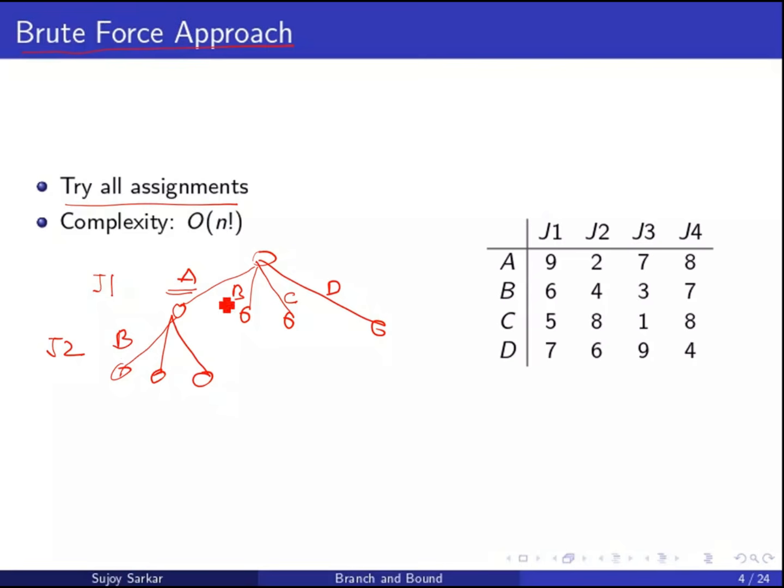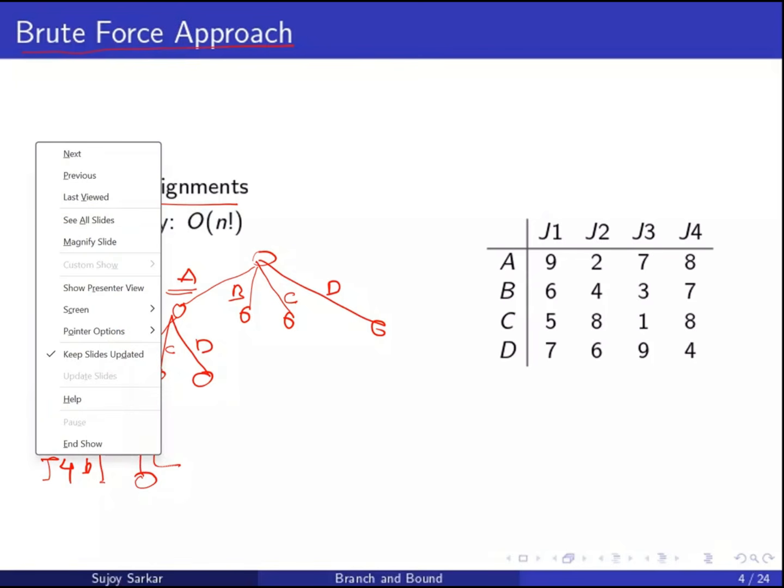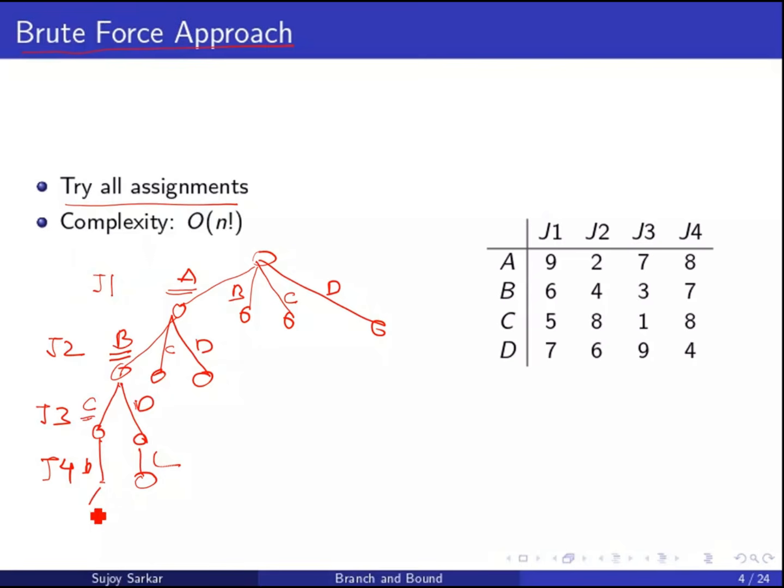A is already booked, so we can assign to B, C, or D. Next, job 3: same way A and B are already booked, so it can be assigned to C or D. Again, if C is assigned job 3, job 4 can be assigned to D. Or if job 3 is assigned to D, job 4 will be assigned to C. So this represents an assignment that we can see.